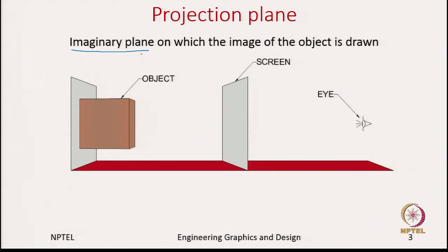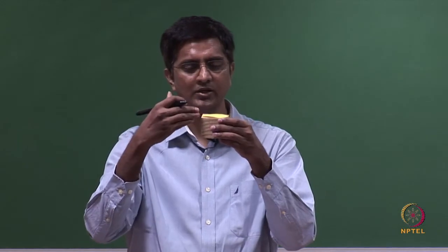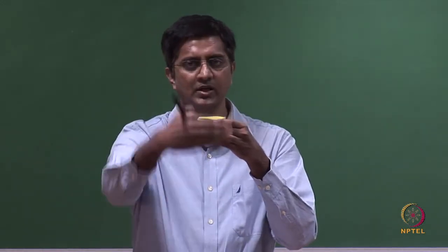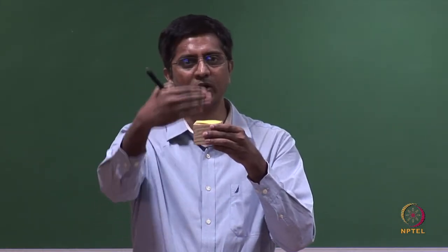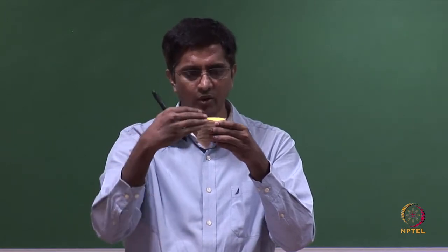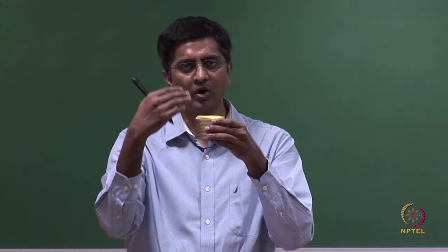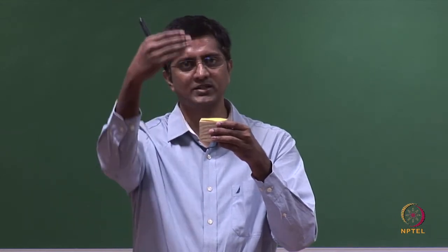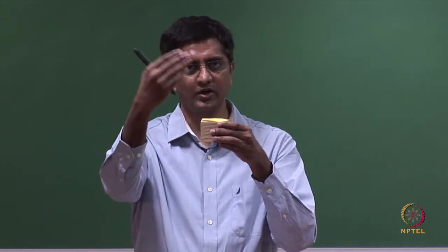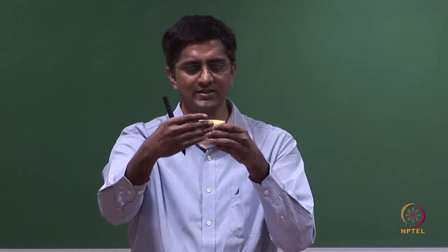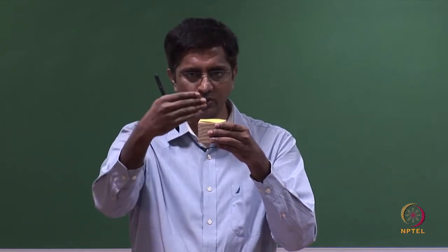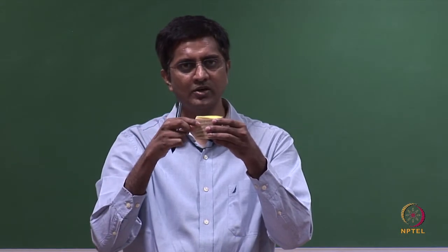Let us say this is made up of glass such that when you look at the object you can still see it. So, this is the projection plane, which we call imaginary, made up of glass. When you look through this projection plane you can see the object.